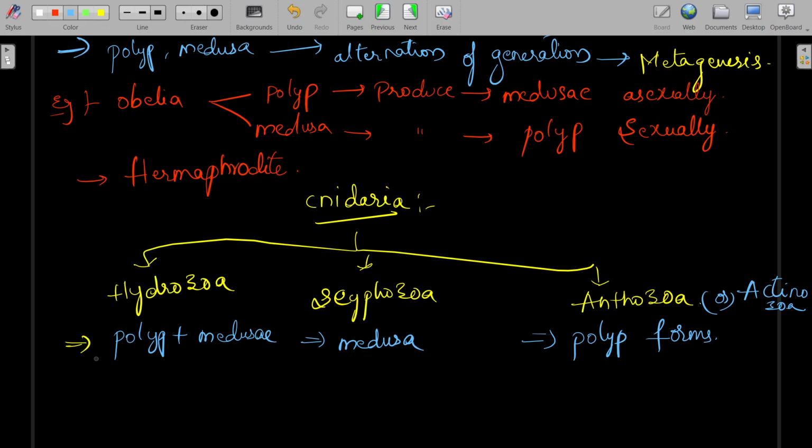The example of Hydrozoa is Hydra. It exhibits a symbiotic association with algae.